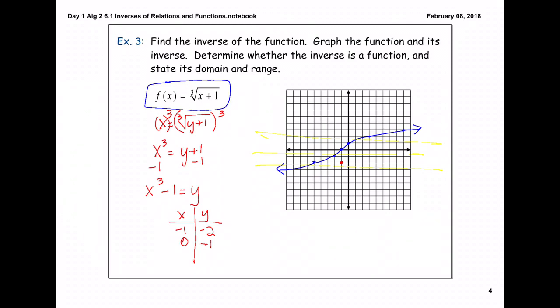So 0, negative 1. When you plug 1 in, you get 0. When you plug 2 in, 2 cubed is 8 minus 1 is 7.